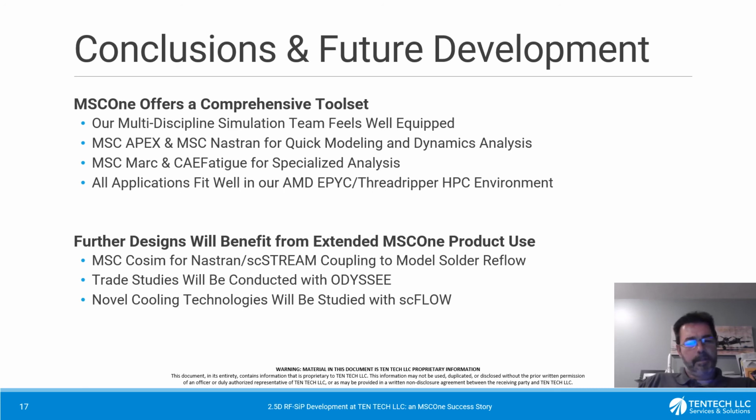There are three that we have in mind. The most obvious one is the co-simulation between Nastran and scSTREAM. What we want to do with that is model the solder reflow, the quasi-liquid state of the solder during manufacturing.